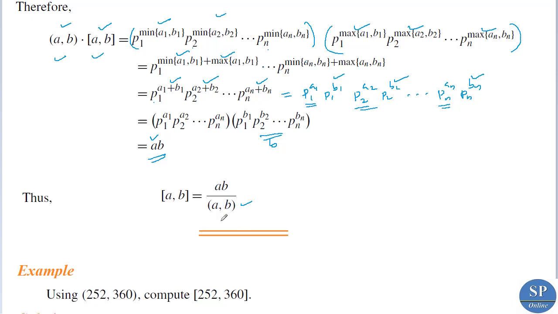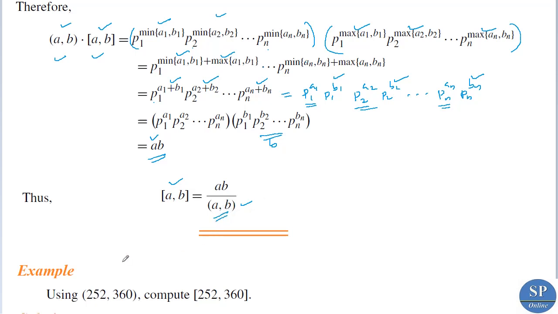If we know the GCD of two numbers, then we can directly apply this to get the LCM of those two numbers. So we have two methods to find the LCM. One method is by using the canonical decomposition, and the second method is by using this formula. It is better to use this if we are given the GCD of those numbers.